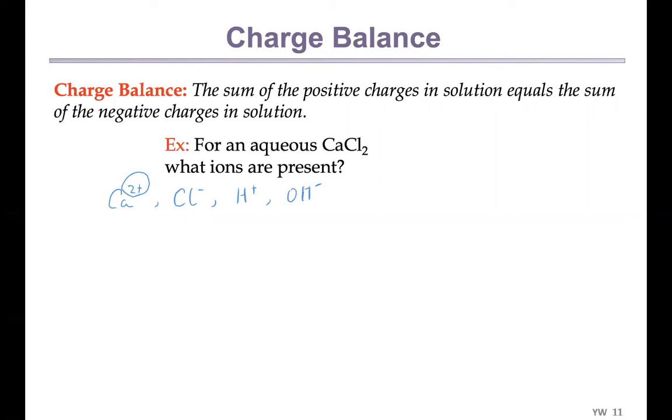Now, let's put the positive charges on one side and the negative charges on the other side. So we have calcium, we have hydronium ion, so both of them are cations. And then on the right side, we have chloride and OH minus.